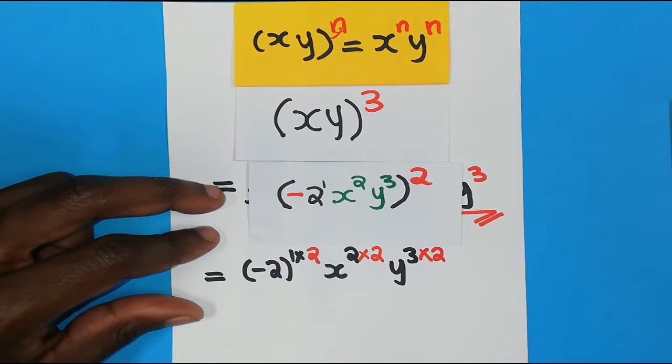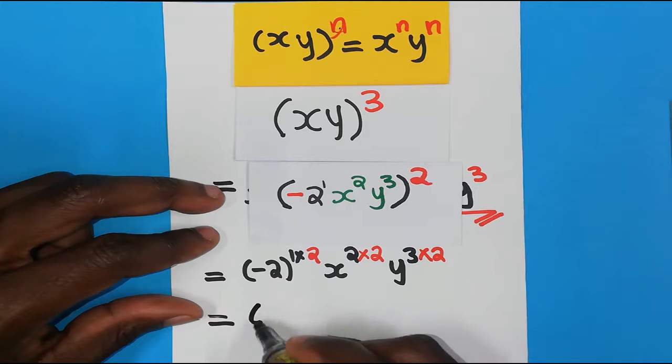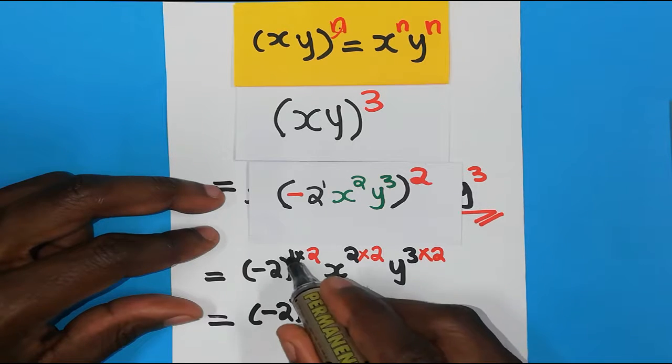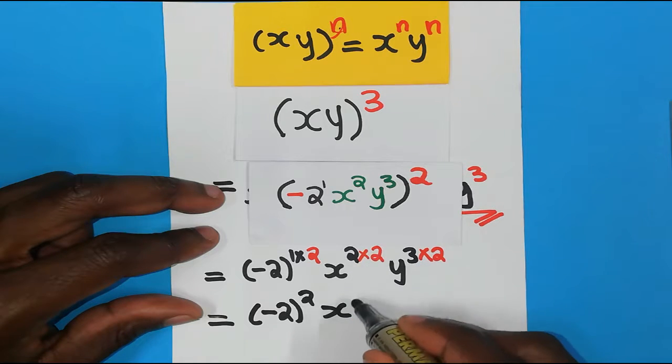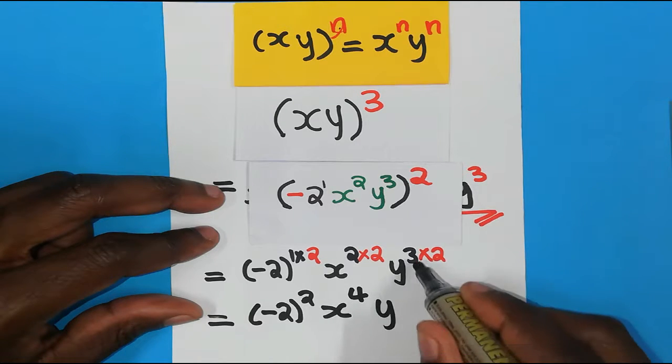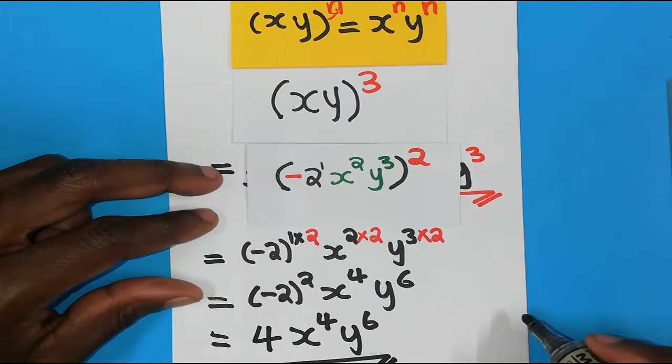Then your final answer will be: 1 multiplied by 2 is 2. Then 2 multiplied by 2 is 4. Therefore 3 multiplied by 2 equals 6. So this one will give you a positive 4 x to the 4 y to the 6. This will be your final answer.